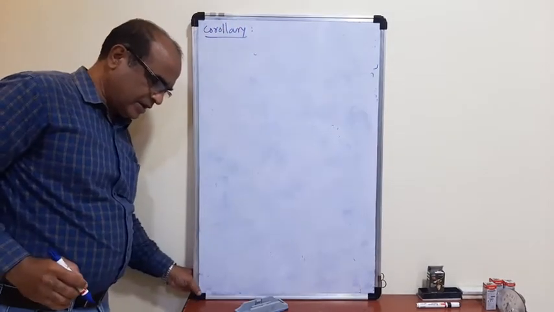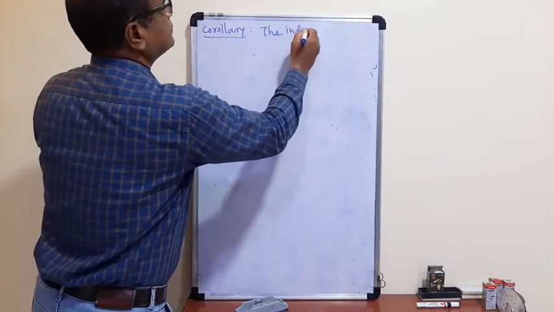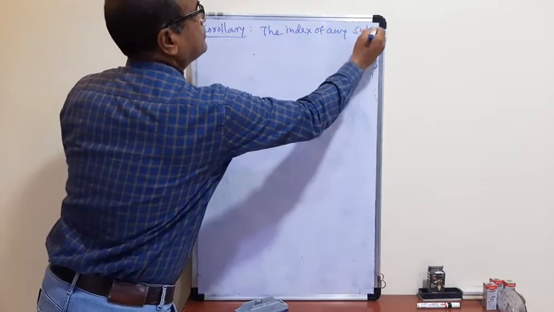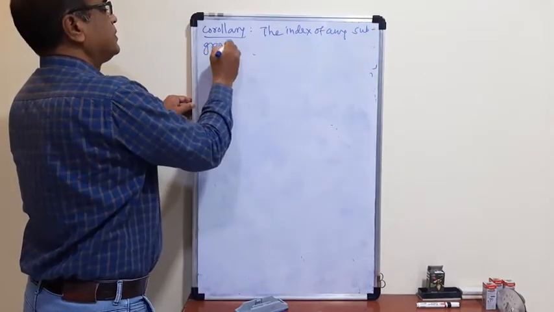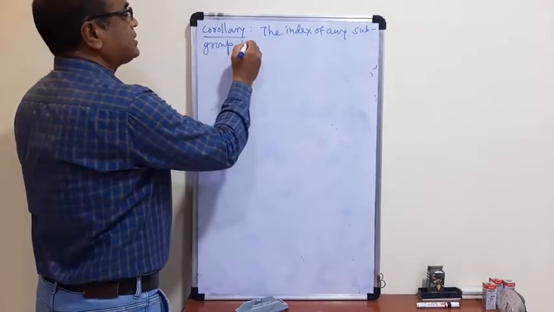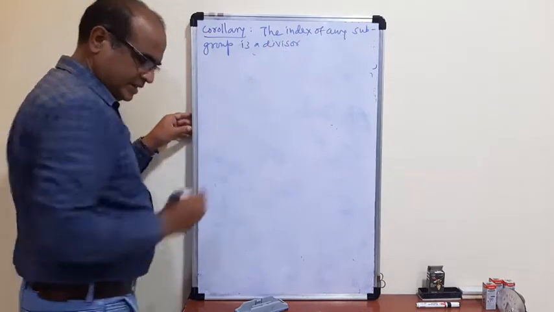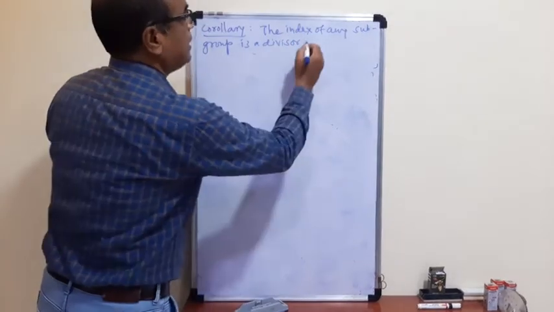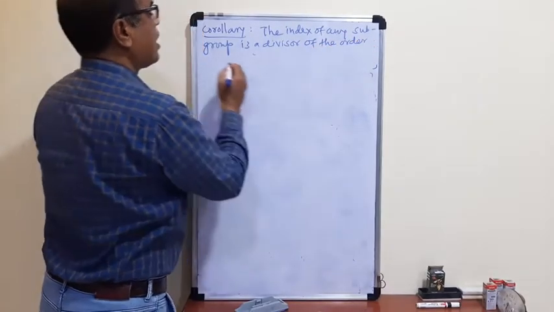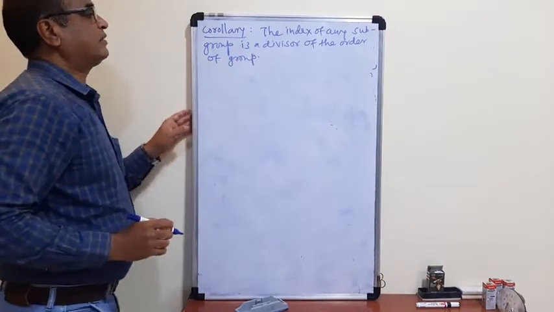Corollary: the index of any subgroup is a divisor of the order of the group.